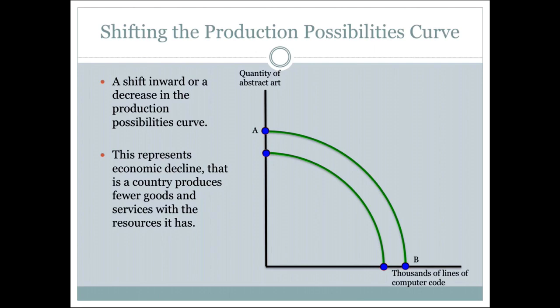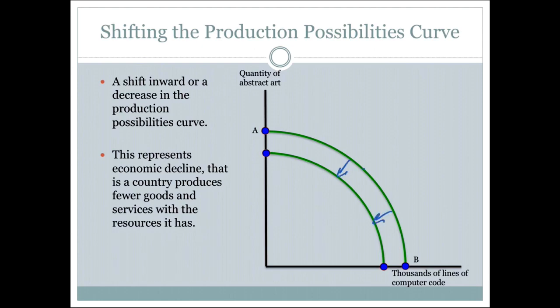Europe's economy shrank during World War II, and it took a while for it to recover and come back. So wars are another example of economic decline, and we would show it with a shift inward of the production possibilities curve. So here we basically see that the production possibilities curve has shifted inward.